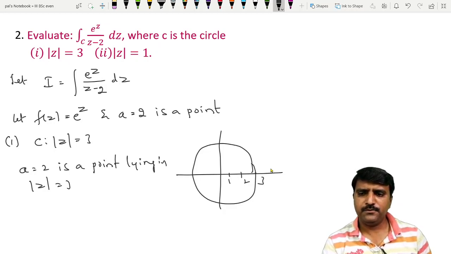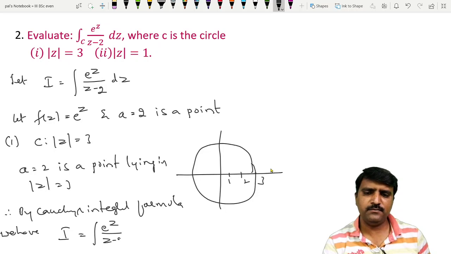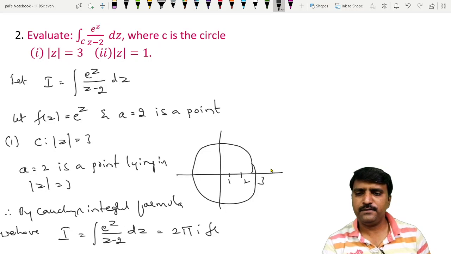Therefore by Cauchy's integral formula, we have this I is equal to integration of e to the z by z minus 2 into dz can be written as 2 pi i into f of a.